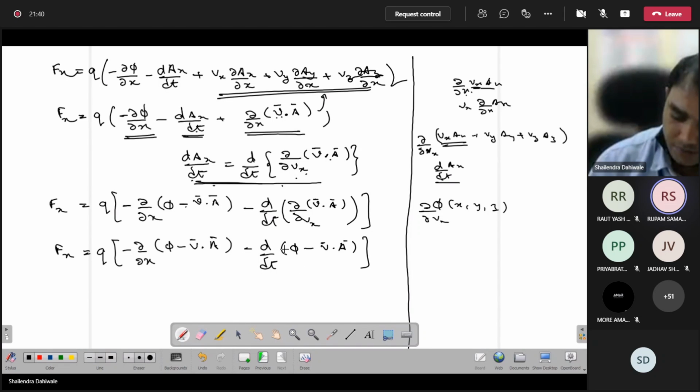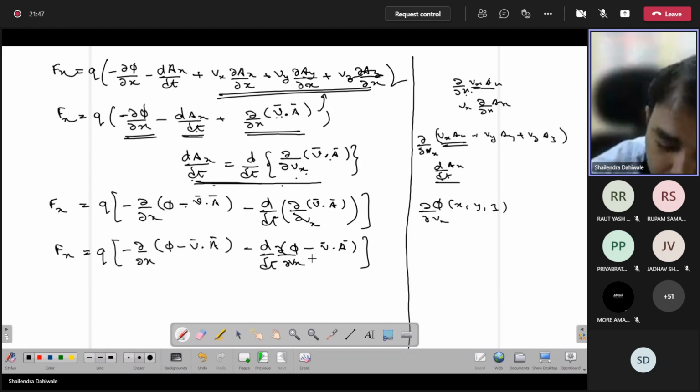Then the sign should be plus because we are exchanging the Vx sign. Yes, sir, d/dt of this will become plus, correct? So del Vx of this.